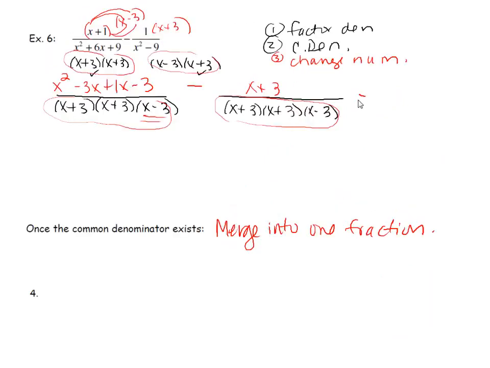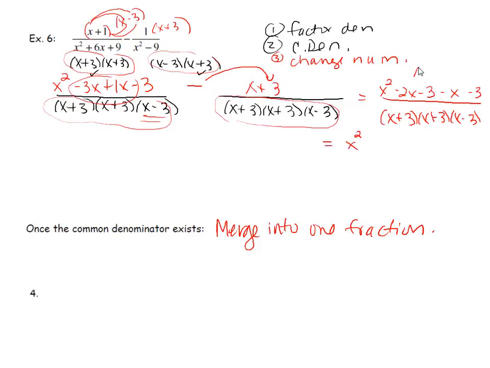Alright, we're going to merge these together. So we have x squared, we can just join these right now. Minus 2x, minus 3, minus x, but hang on, there's a minus on this as well. So that gives me x squared. We still have like terms here.